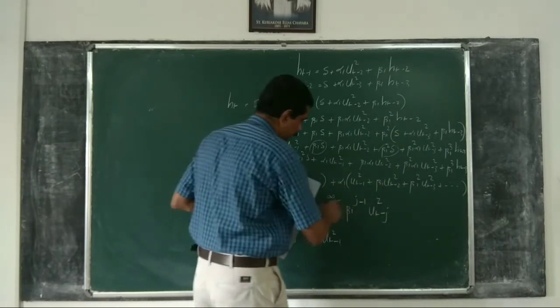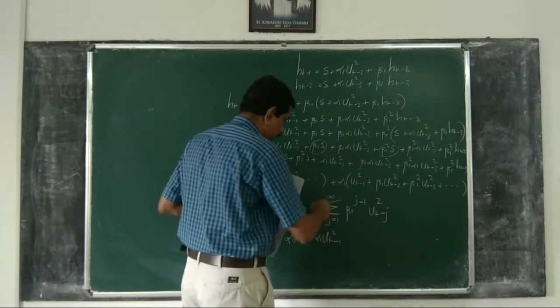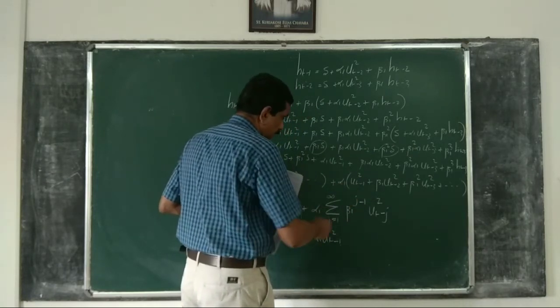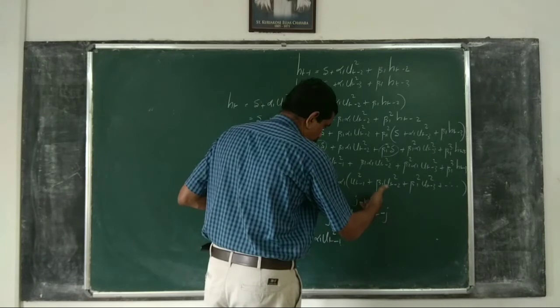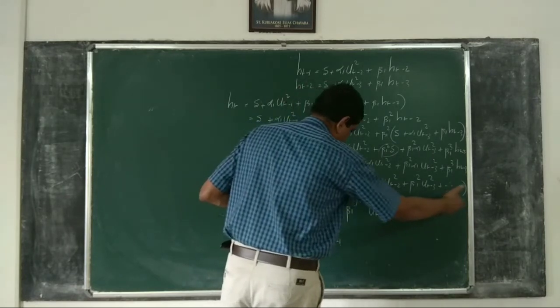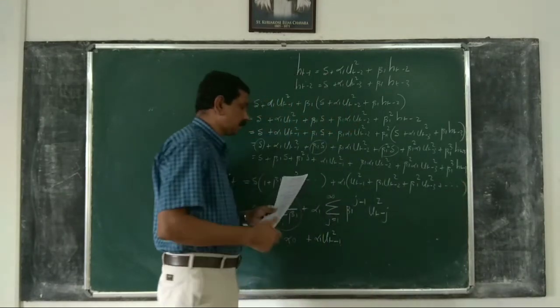The parameters change, but the point is ht is now a function of ut minus 1 square, ut minus 2 square, ut minus 3 square, etc., up to ut minus q square.